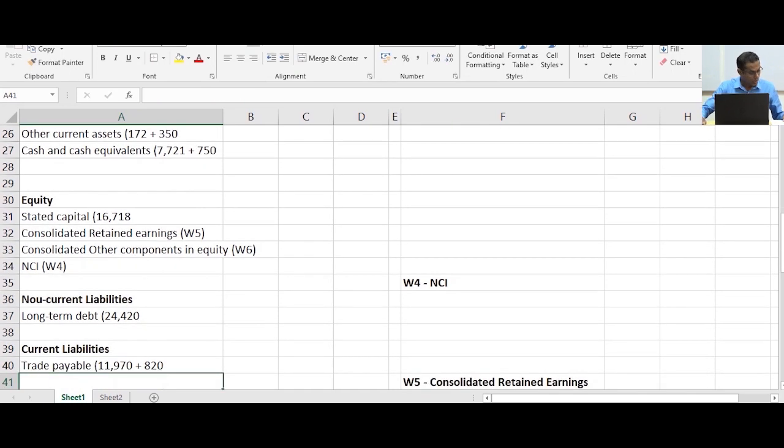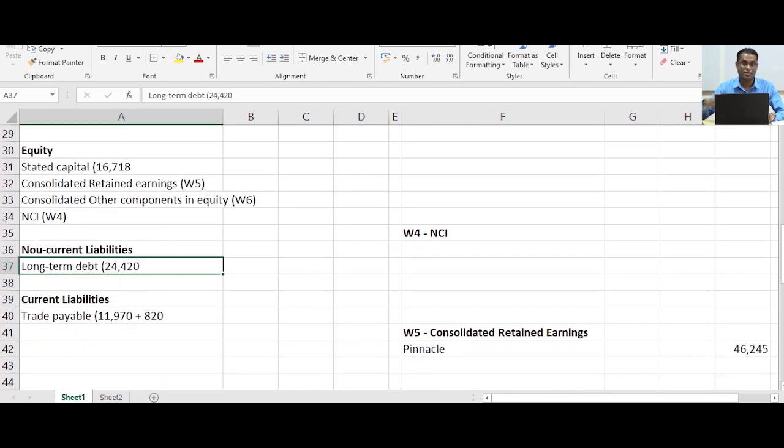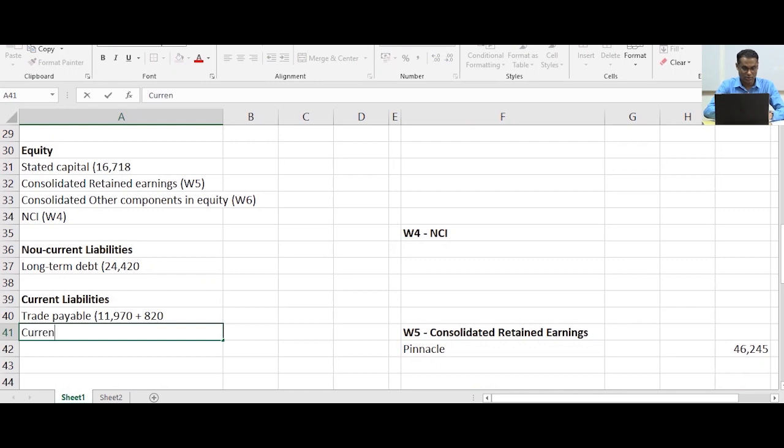Thereafter, the current portion of the long term debt, the amount to be paid in the next year, that is shown under the current liabilities. Current portion of long term debt, which is how much? Parent is having a figure of 15,376.